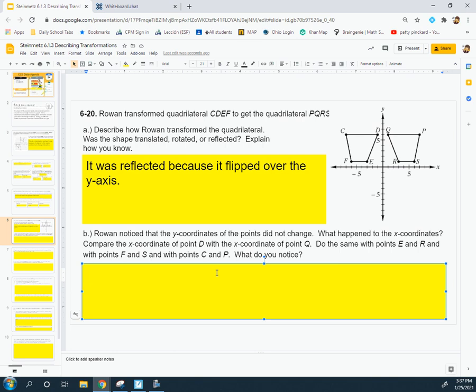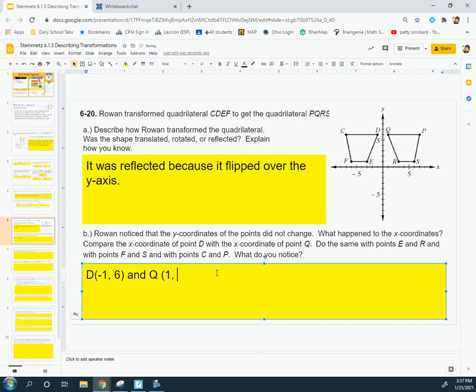So when we compare these, we see that D is at negative 1, 6, and Q is at 1, 6.